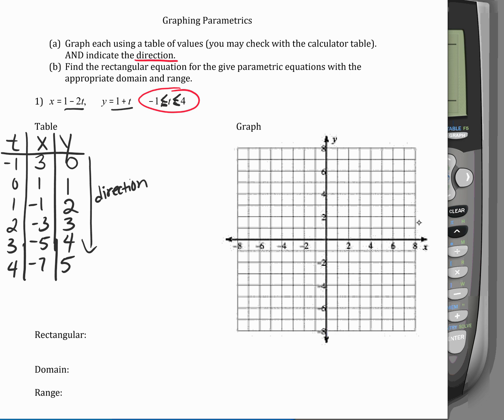So I want to indicate that direction by putting more than 1 arrow on my graph. So I'll start 3, 0, 1, 1. Now this is going backwards of what we might normally do when we put arrows on our graphs, right? We're going to the left. And you can kind of see the slope happening here, so this looks linear. And then there is a point where we stop.